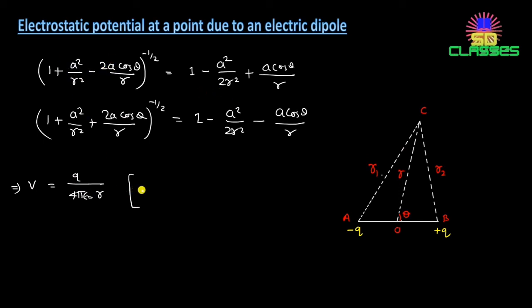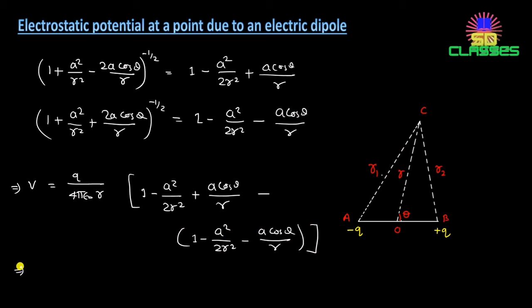So this is 1 minus a square by 2r square plus a cos theta by r, and then this one, so a minus sign was there, so I will write all this inside a bracket: 1 minus a square by 2r square minus a cos theta by r.